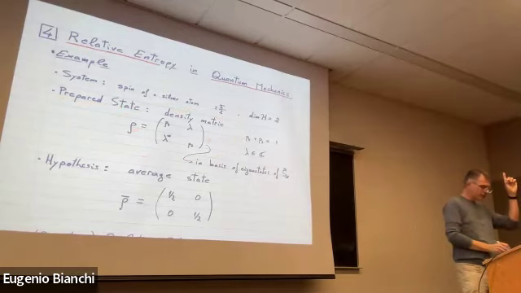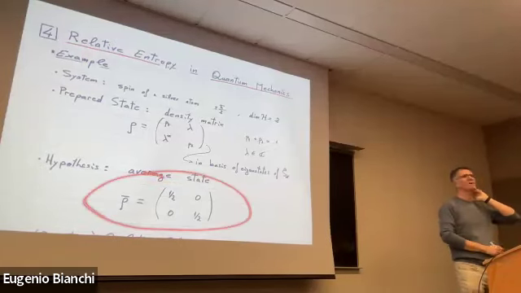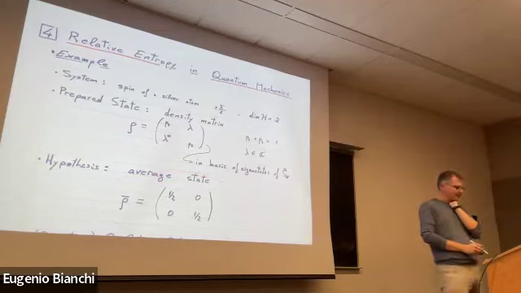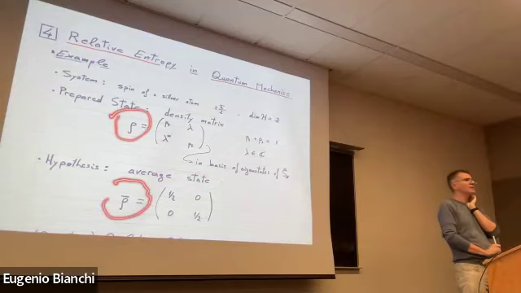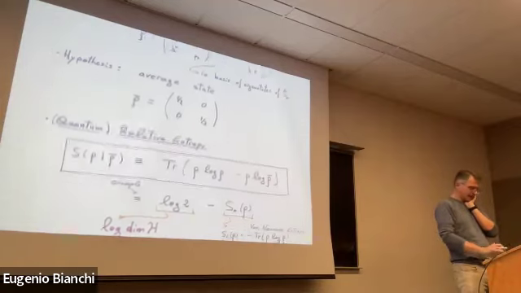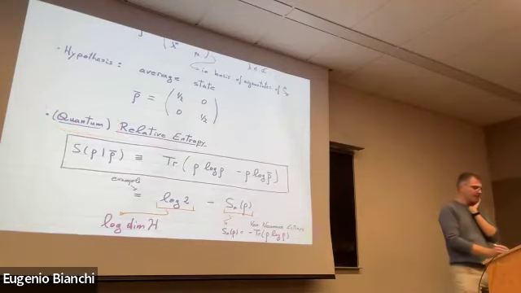And I can compare, for instance, to the hypothesis of an average state, the so-called maximally mixed state. So there's a well-defined question: what's the relative entropy of this state with respect to this hypothesis? I'm going to put the word quantum here and write a definition.